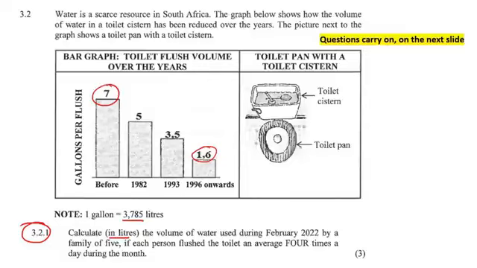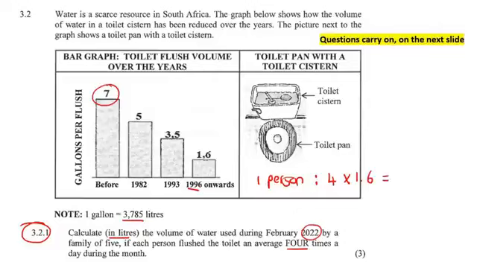You can do this however you want, there are many ways you could do this, but I'm just going to look at one person in the family. They're going to flush the toilet 4 times a day. So that's 4 flushes, and each flush, remember that the year 2022 falls under 1996 onwards, so we multiply by 1.6.